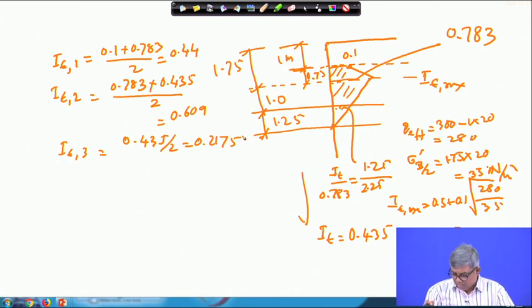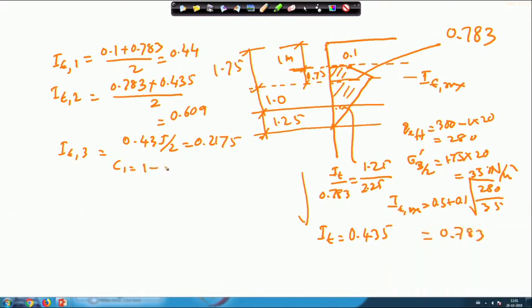So, we have got this. Now, you have to find out C 1. C 1 is equal to 1 minus 0.5 multiplied by Q s by Q effective, that means 1 minus 0.5 multiplied by 300 divided by 280, and that gives you 0.46.